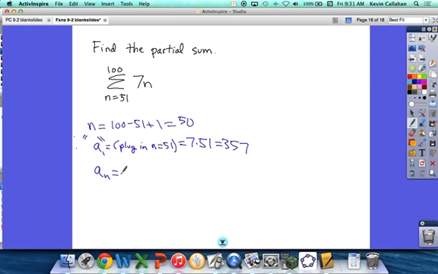It's not the 50th term. It's what you get when you plug in n equals 100. And that will be 700.